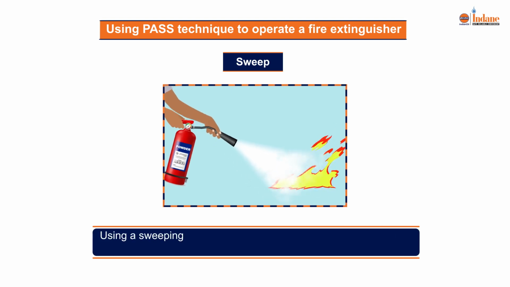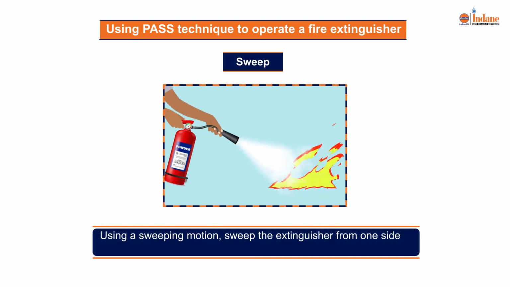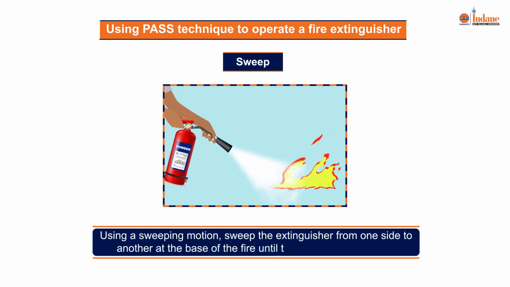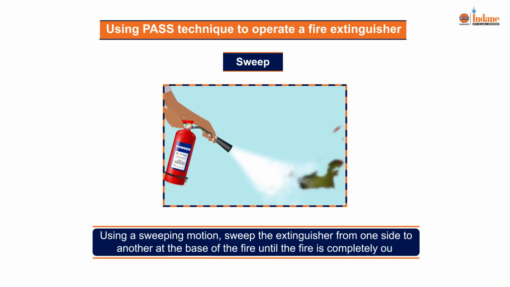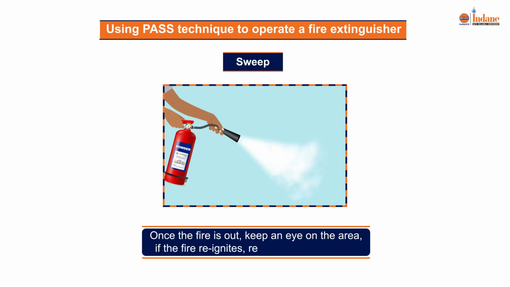Using a sweeping motion, sweep the extinguisher from one side to another at the base of the fire until the fire is completely out. Once the fire is out, keep an eye on the area. If the fire reignites, repeat steps 2, 3, and 4.